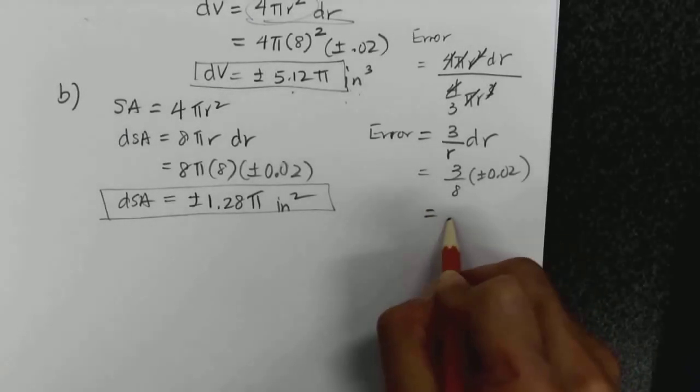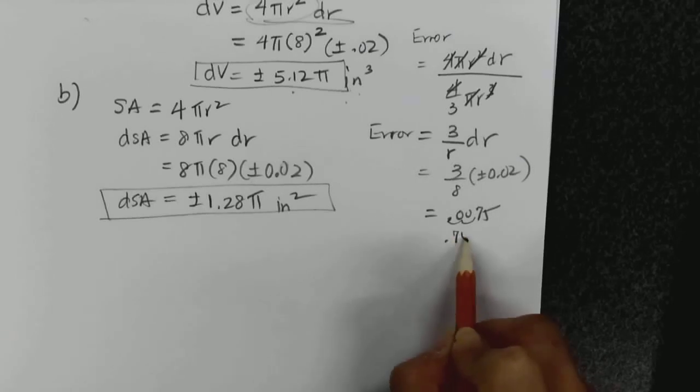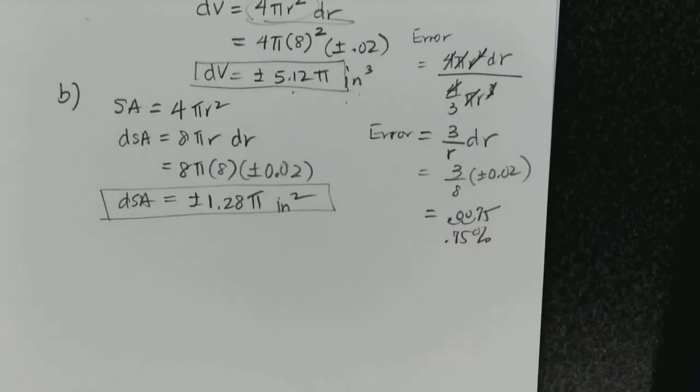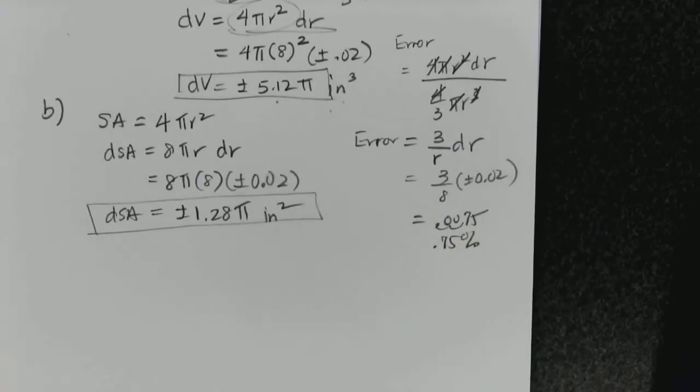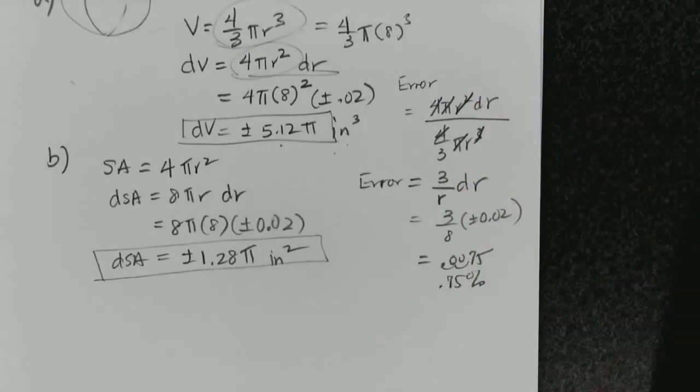So I'm off by 0.0075, and so this will be 0.75% of error. Which is not that big of an error, right? But still. Because our measurements are really pretty precise, that's probably why.